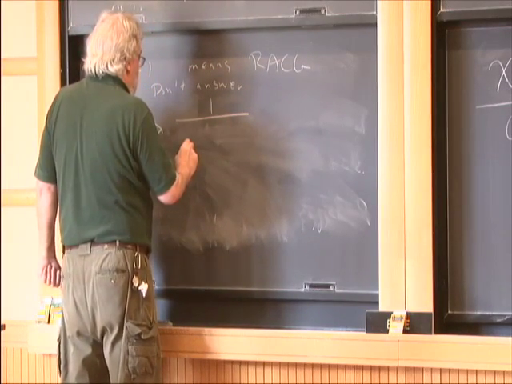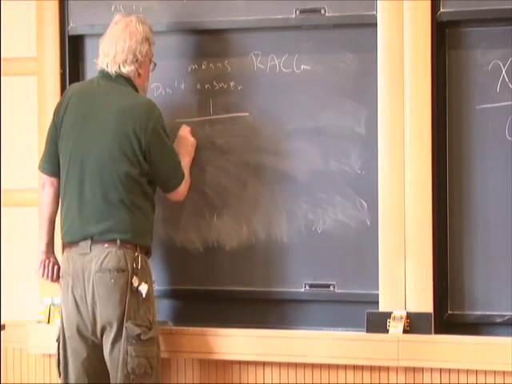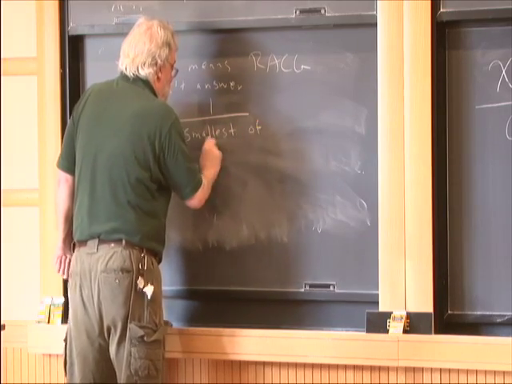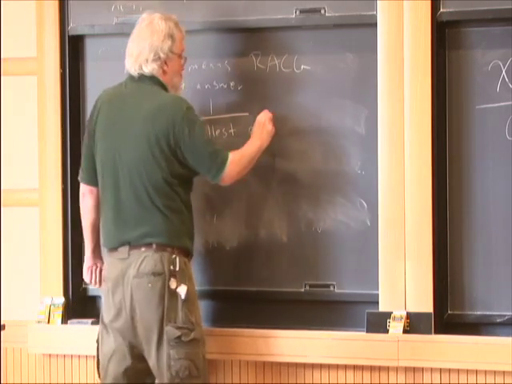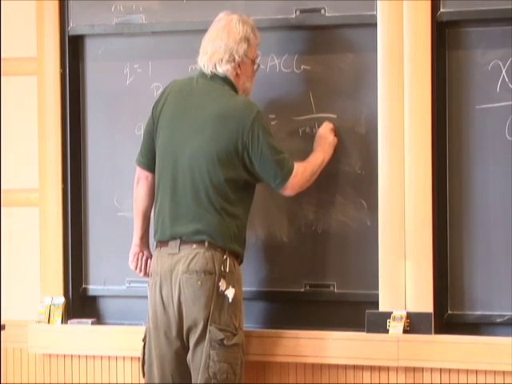1 over the smallest root of the h polynomial, which in other words is also 1 over the radius of convergence of the growth series.